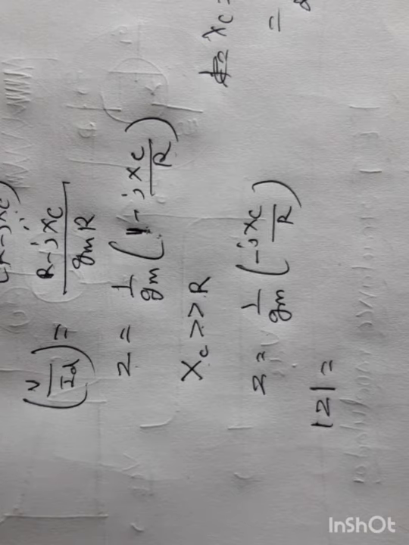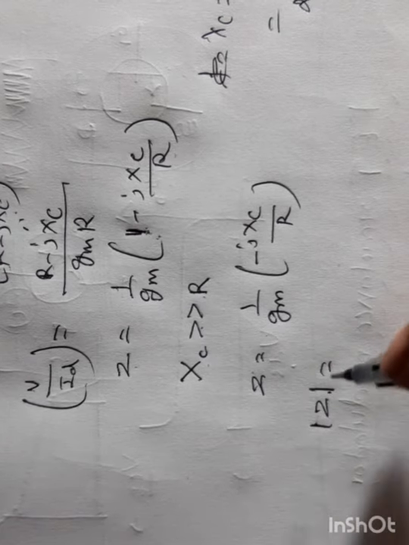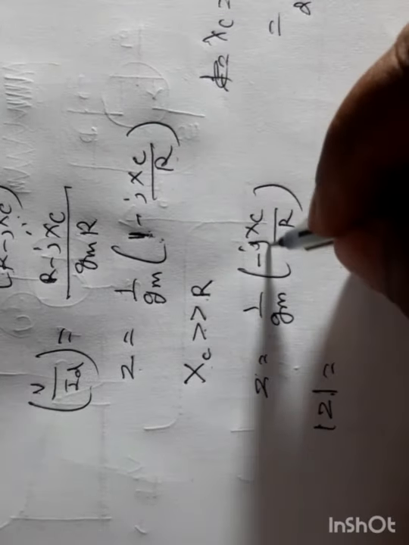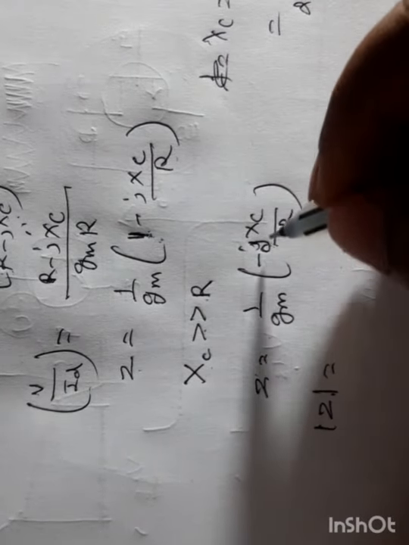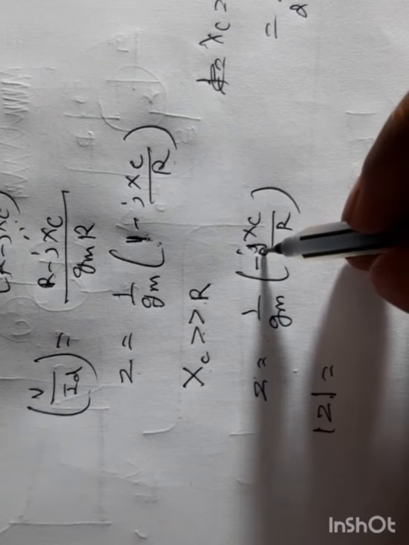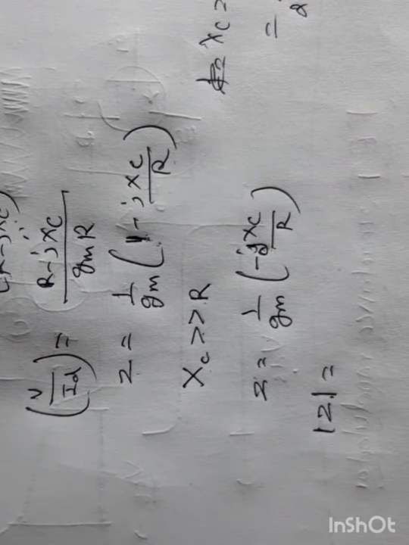That is the direction. So if you take the magnitude only, minus j becomes 1. We won't consider the direction. j represents direction. Minus j represents the negative y-axis. Plus j represents the positive y-axis.